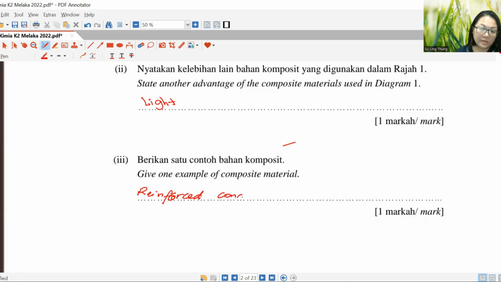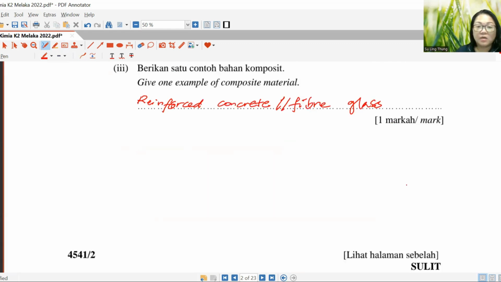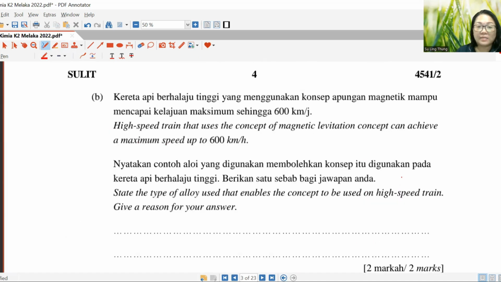It can be fiberglass. You don't have to name so many, you can just name one. Any form of composite material can be accepted as an answer. Let's look at the next question.